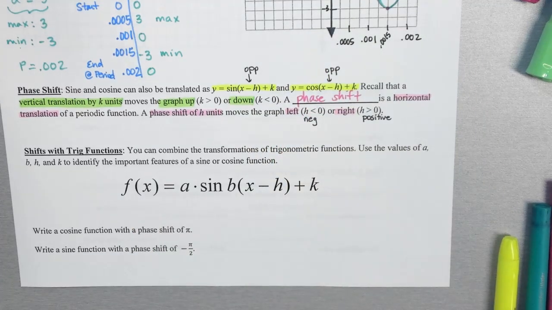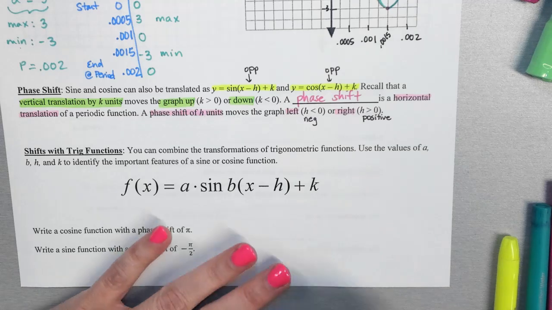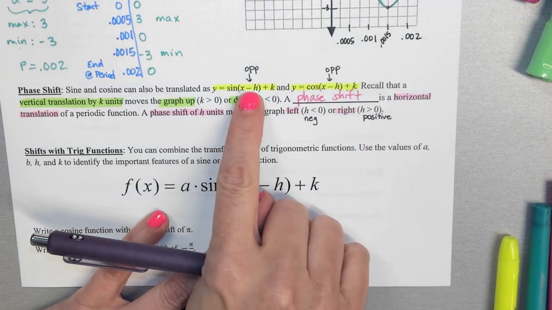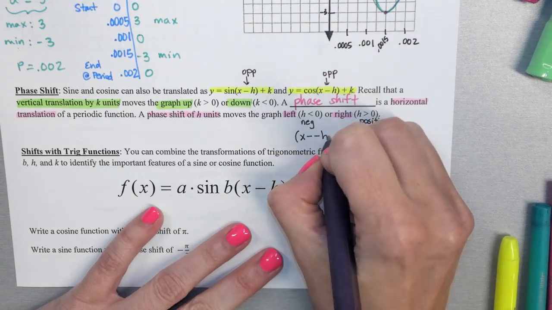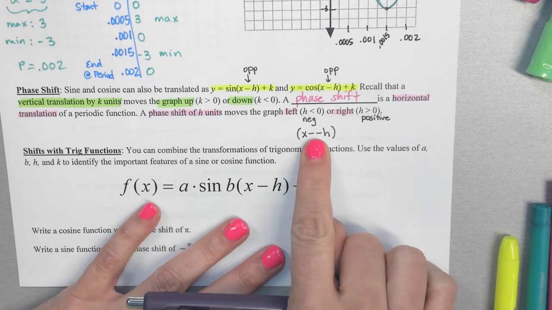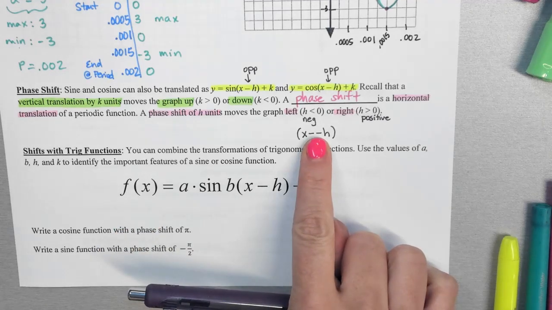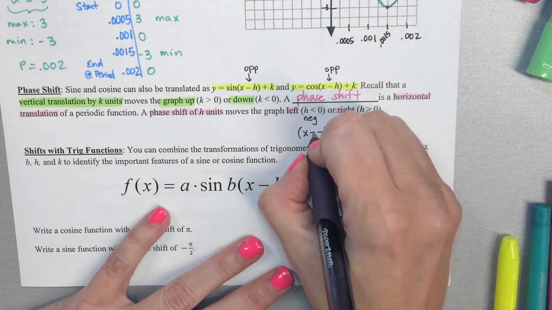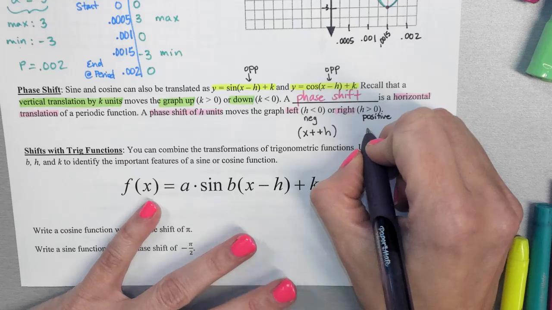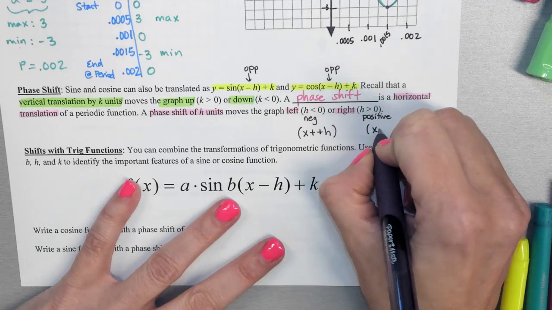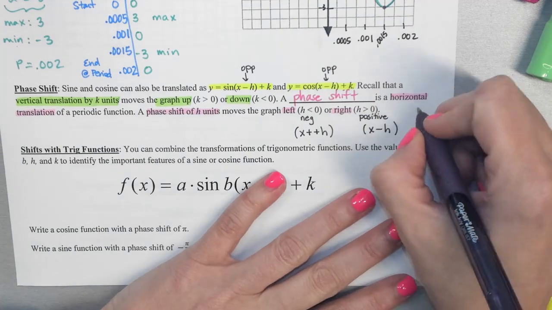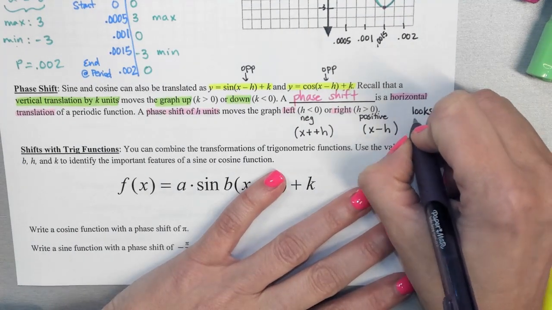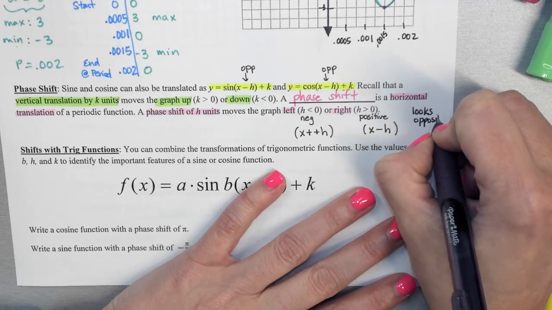So if you were to plug in a negative h value and it's already minus h, what happens is you have minus a negative, but we never keep it like that. We simplify, right? So if you have minus a negative, what do you see in the equation? You're going to see a positive. So in the equation, it's going to look the opposite. So if it's positive and you have that minus, it's going to look the opposite.